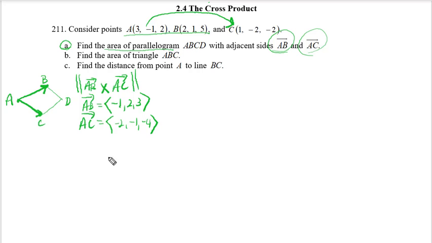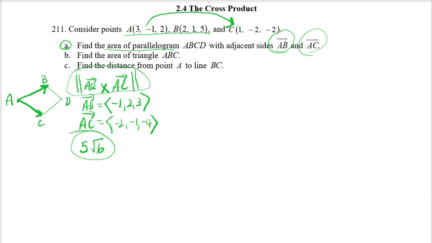And so if we do the cross product of those, and then do the magnitude of that, we get 5 square root 6. Now, I did that on my calculator.